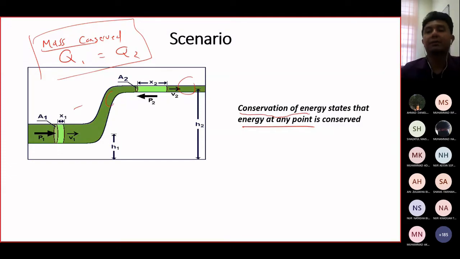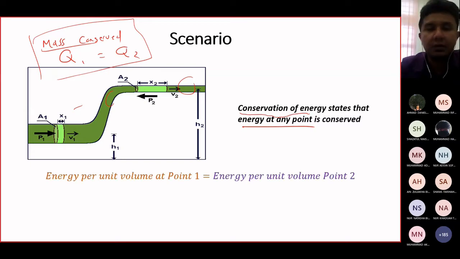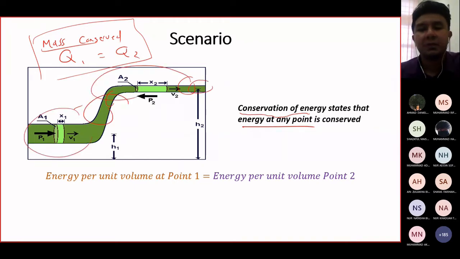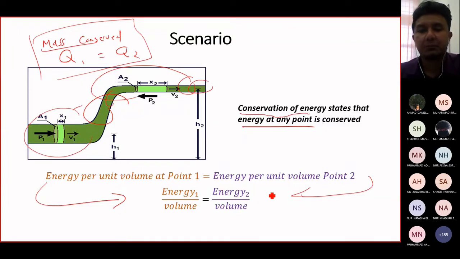Energy here, here, here, all are conserved. So, since energy at any point is conserved, energy per unit volume is also conserved. Either here it is the same, or here it is the same. This is how to write it in a mathematical way.